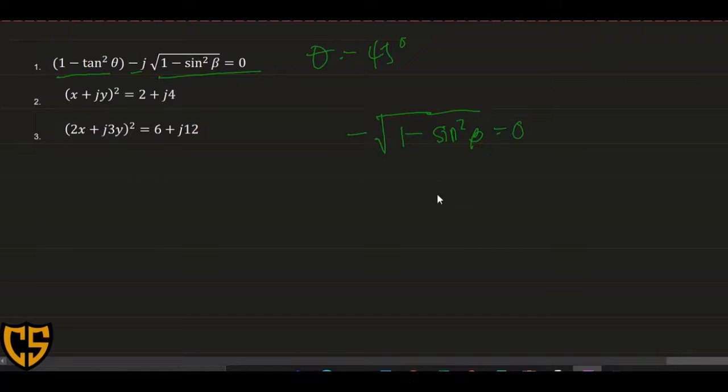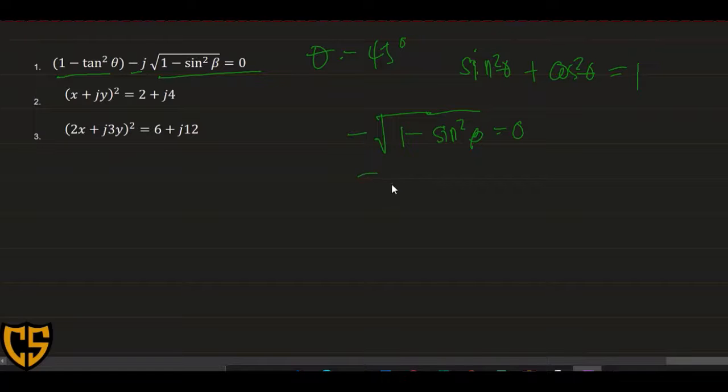So now we have 1 minus sine squared. We have a trigonometric identity that relates this. Take note that sine squared theta plus cosine squared theta is equal to 1. So if we transpose, we have 1 minus sine squared is equal to cosine squared.